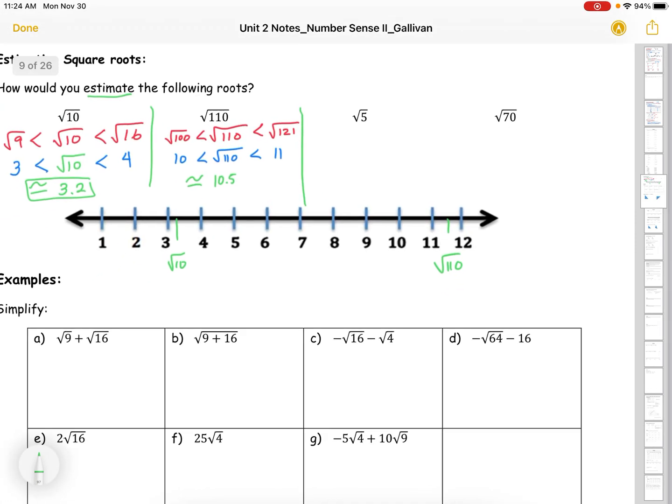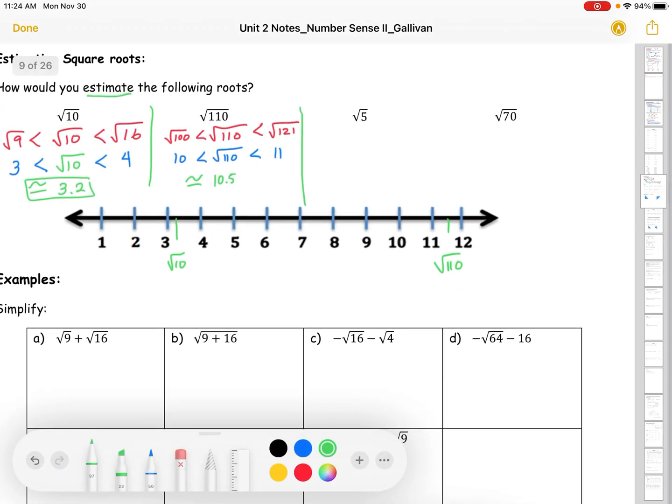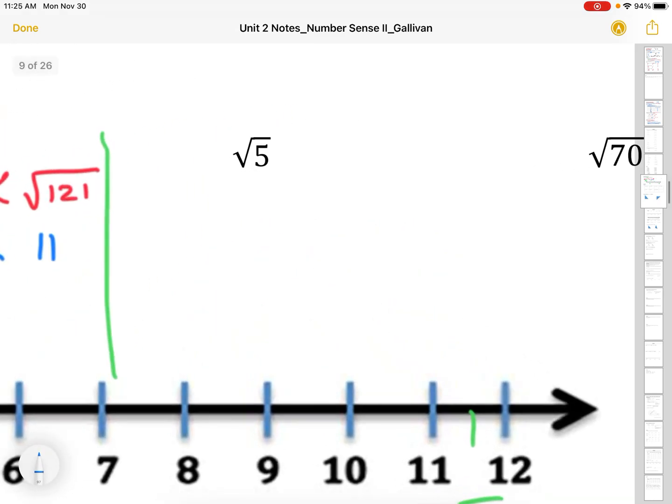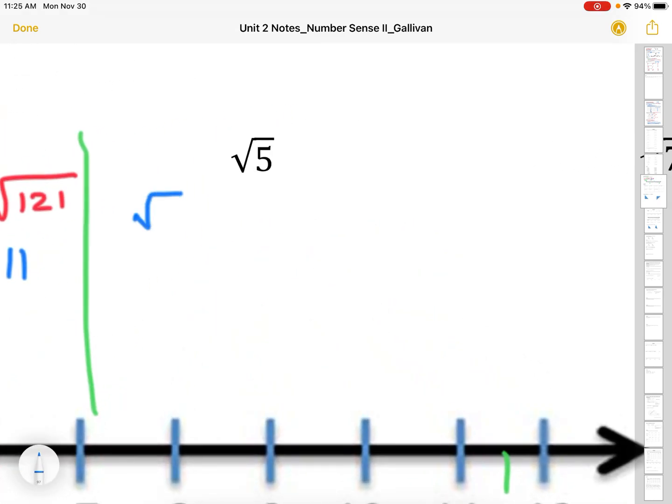So basically we're looking at the two roots on either side, right? Let's look at this next one, root 5. Well, root 4 is the number just below it, and it would be less than root 5. Root 4 is 2, and 3 squared is 9, so the next one up is root 9, which is 3.